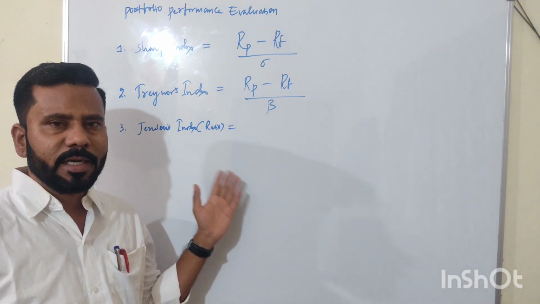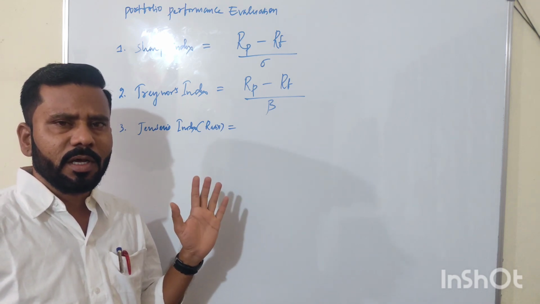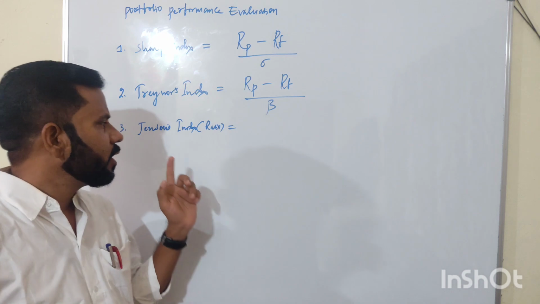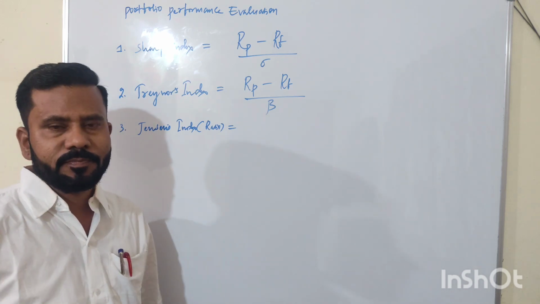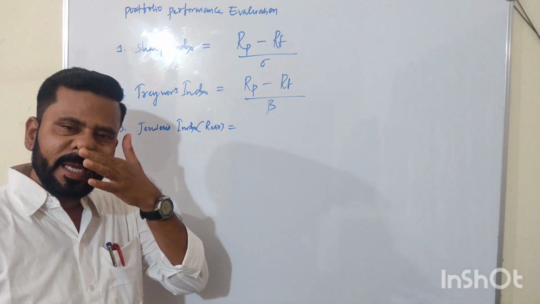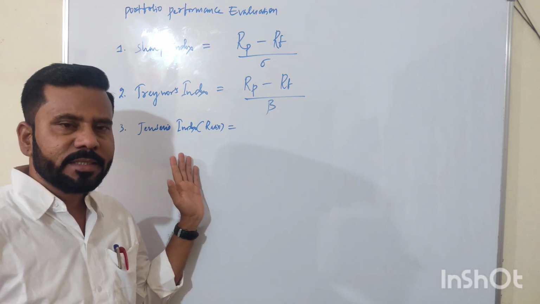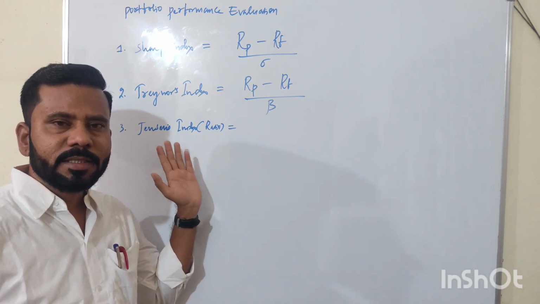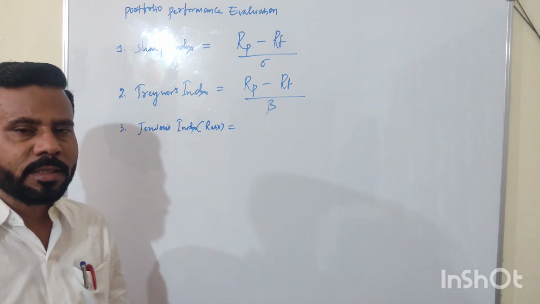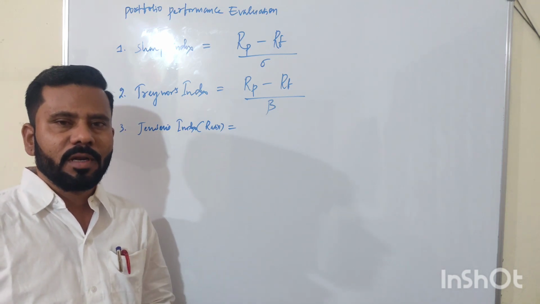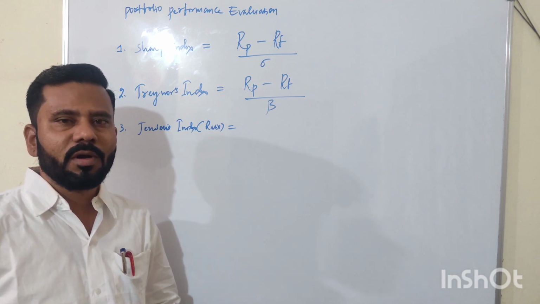Yes, let me write. It's a very simple formula we use to find out Jensen's ratio. Often Jensen's ratio is also related to the CAPM model, capital asset pricing model.